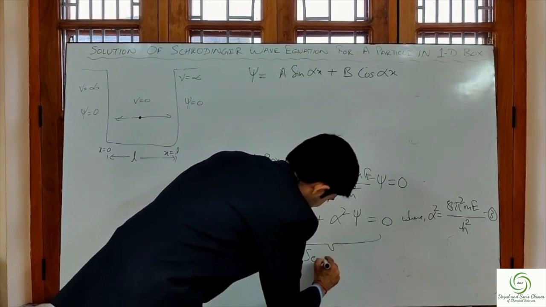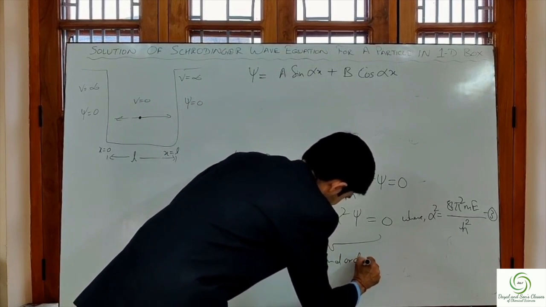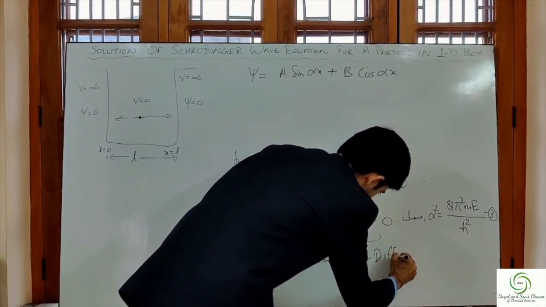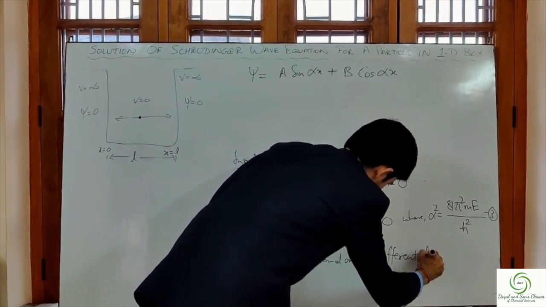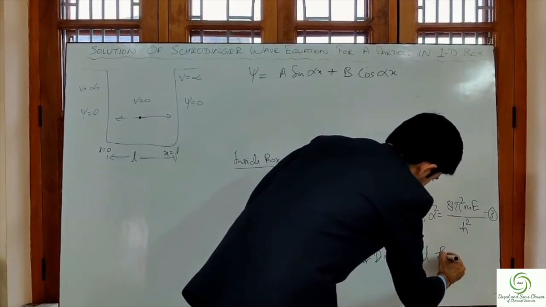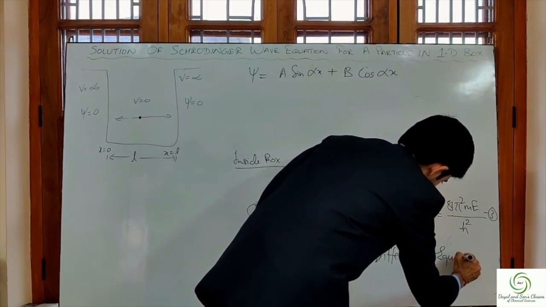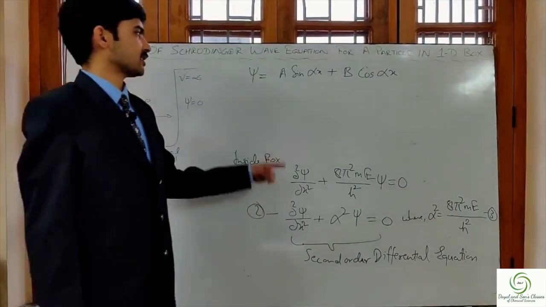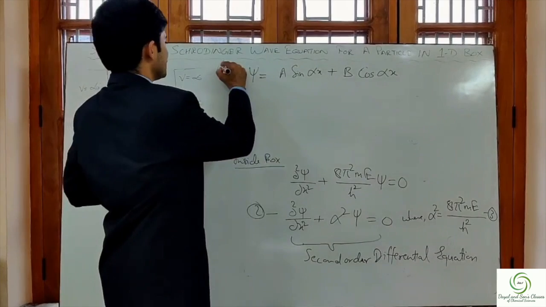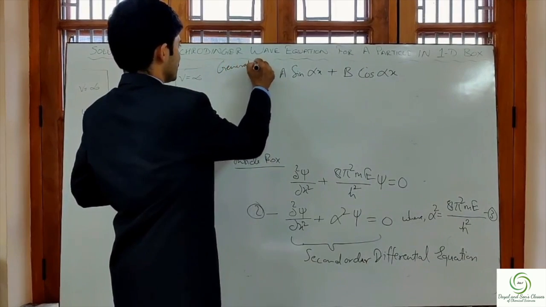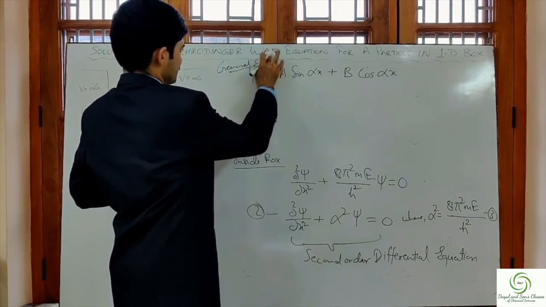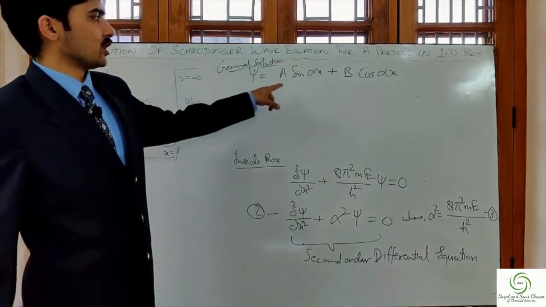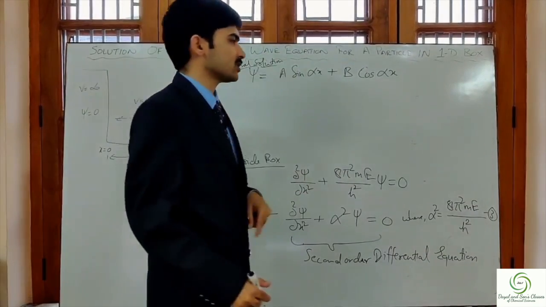This is a second order differential equation and it has a general solution. The general solution is given as psi is equal to a sine alpha x plus b cos alpha x.